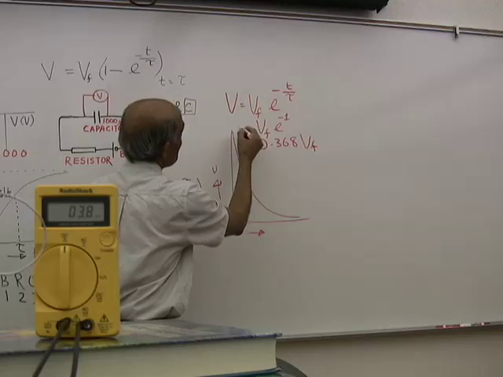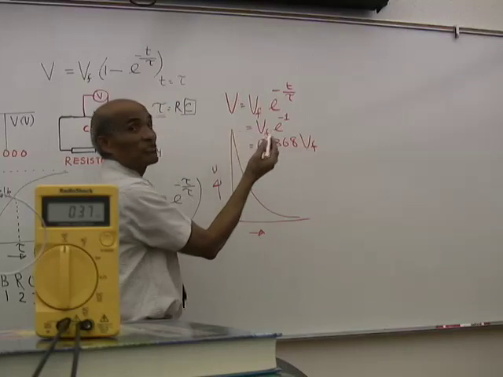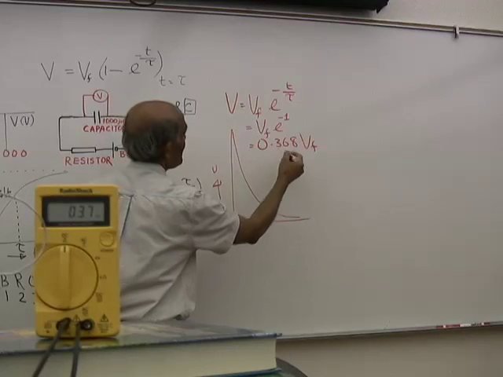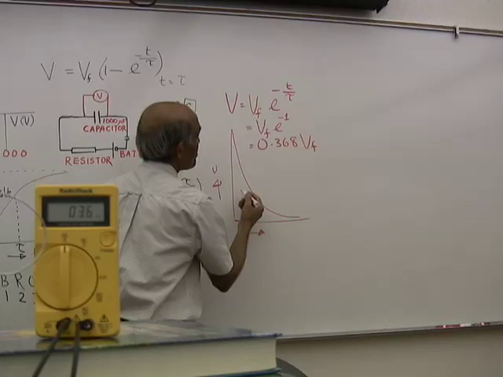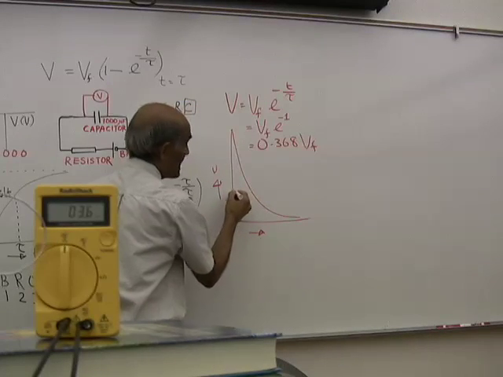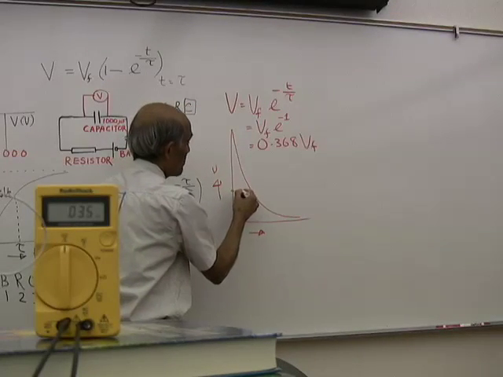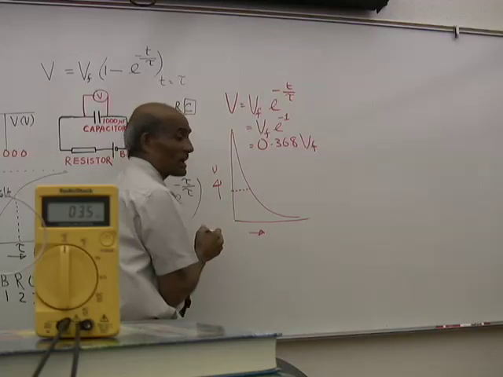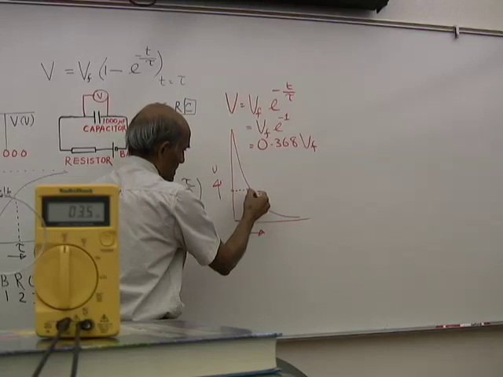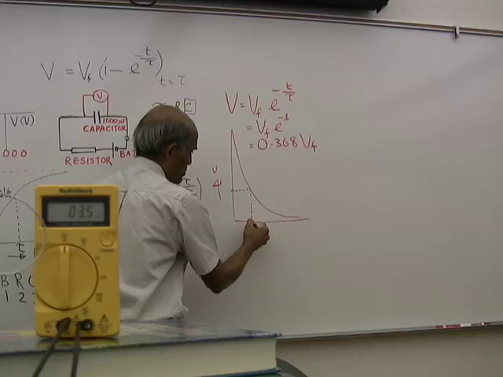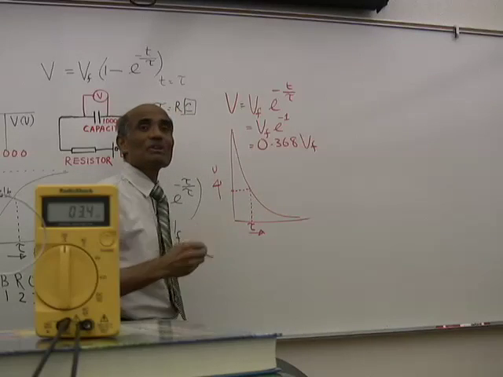So you would say that's your Vf, which is your EMF, and where is 0.368 Vf? If it is somewhere here, draw a horizontal line to cut the graph and then bring it down and measure the time. That will be your tau.